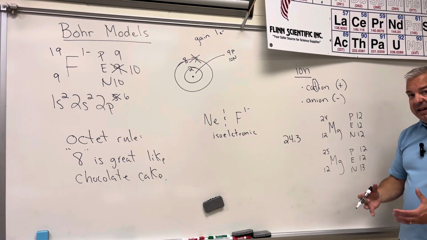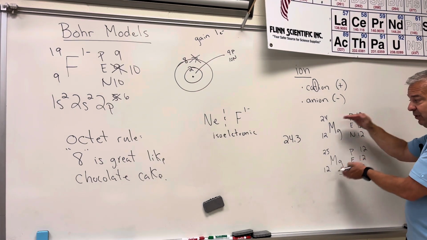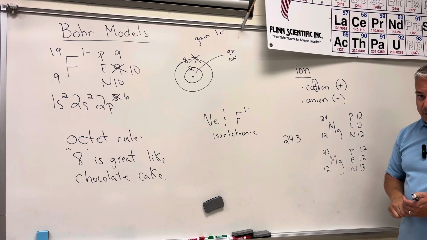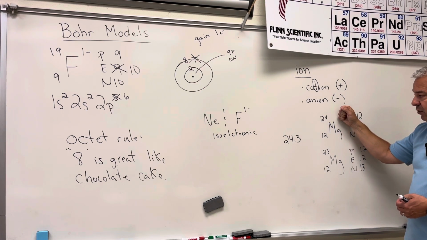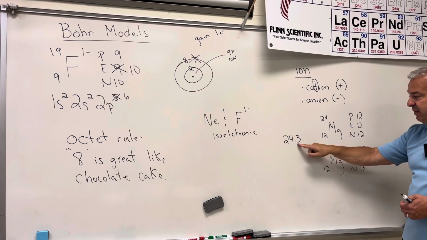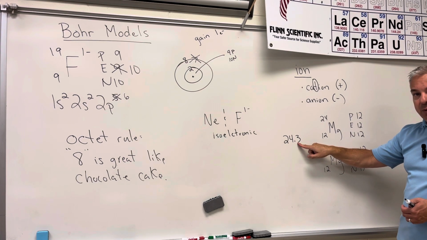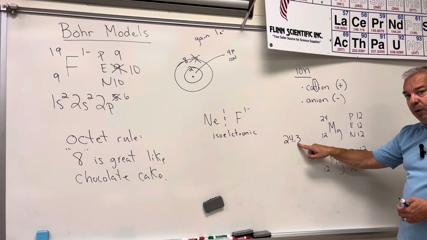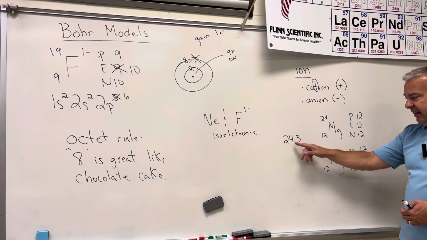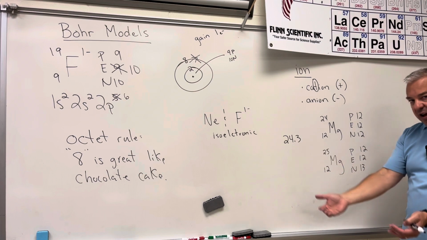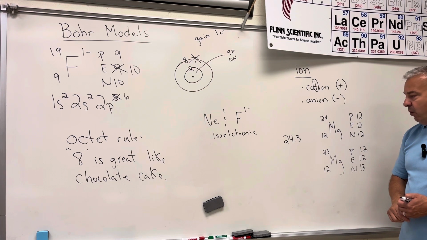And what that means is that it's not equally weighted between magnesium 24 and 25. It looks like there's going to be a lot more 24s than 25s because the average is a little bit closer to 24 than it is 25. And how we calculate this average is for another lesson when we talk about weighted averages and mass spectrometry.